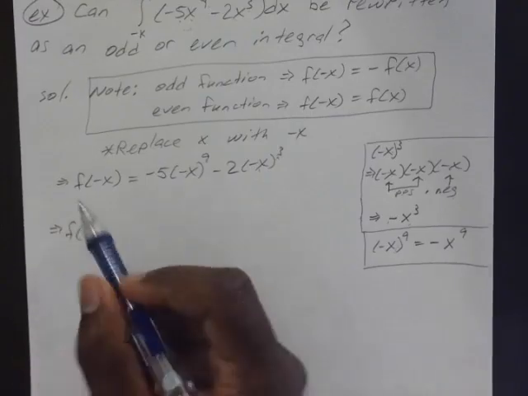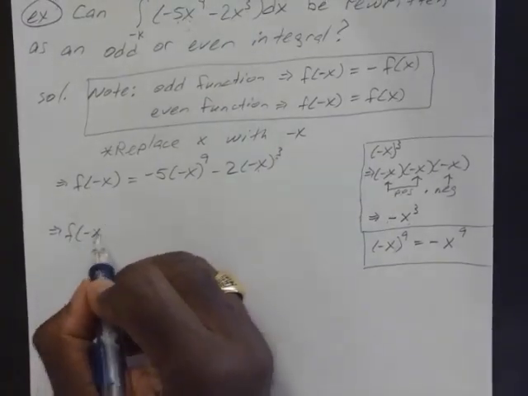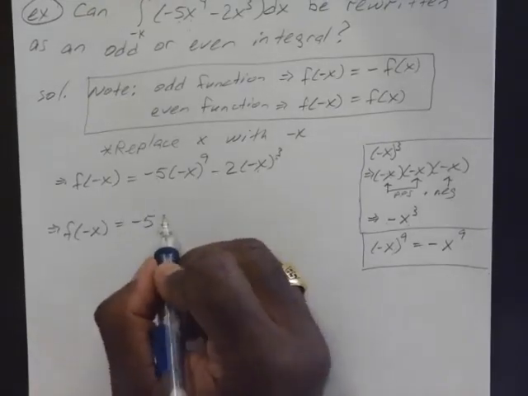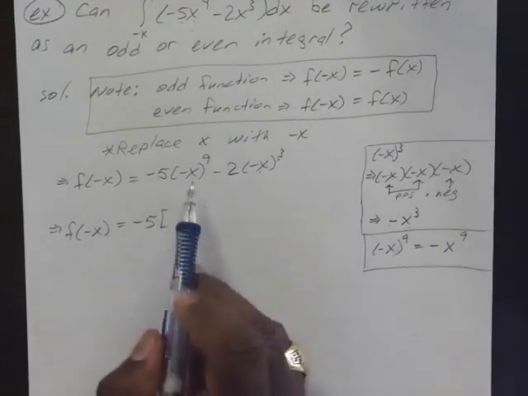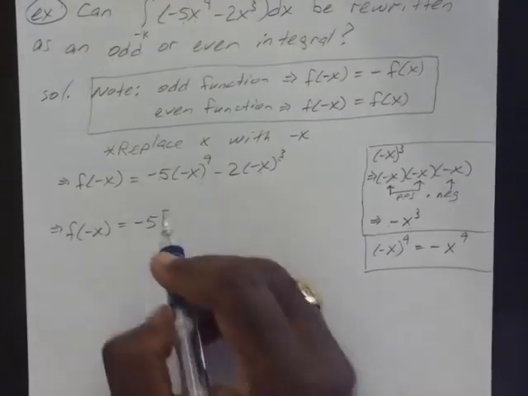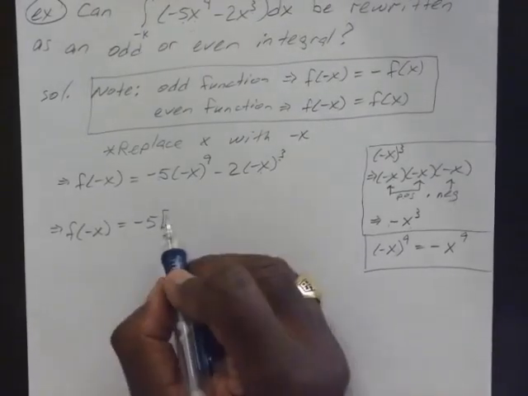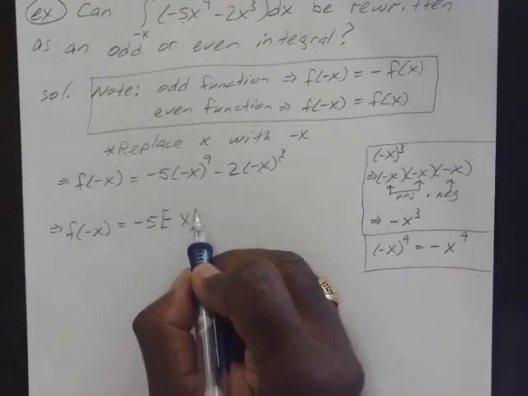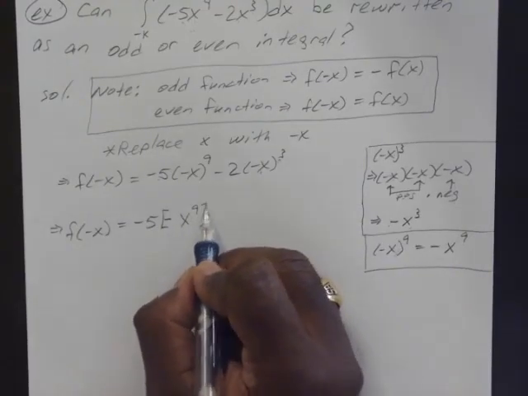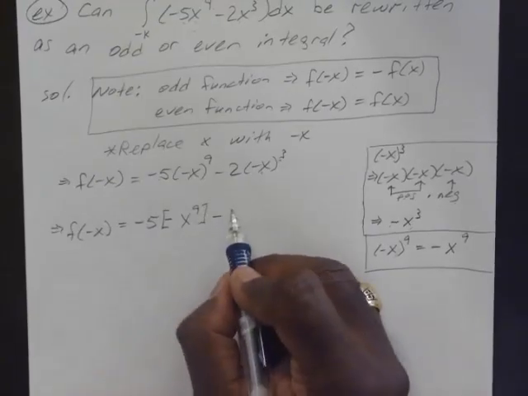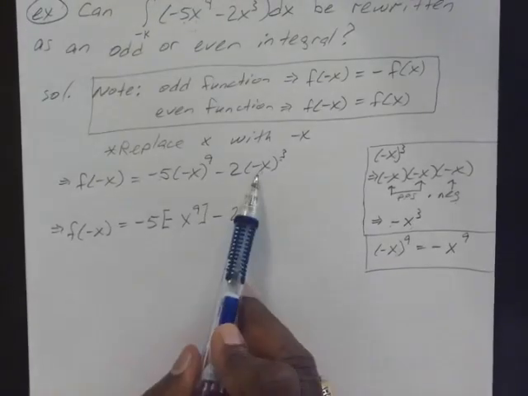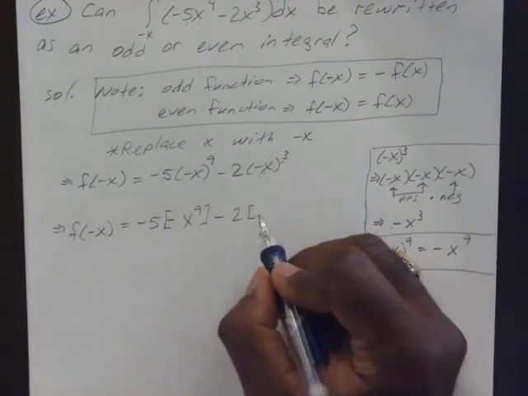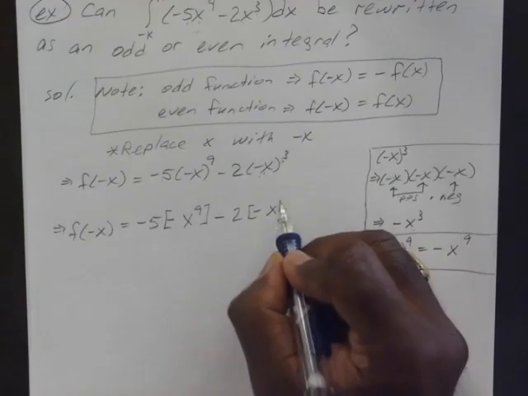Okay. So our f of negative x is equal to negative 5 times negative x to the 9th power. You can say negative or negative 1, whichever one, times x to the 9th power, minus 2, and that negative x, that whole quantity raised to the 3rd power, is just negative x to the 3rd power.